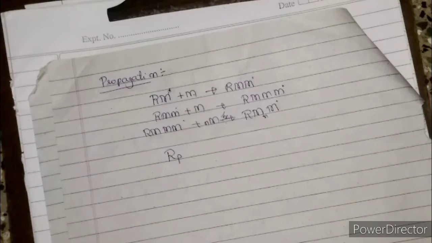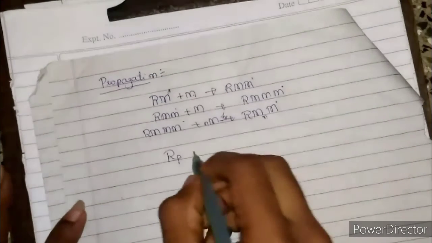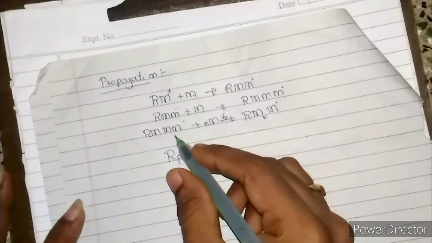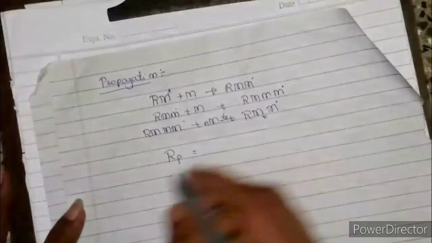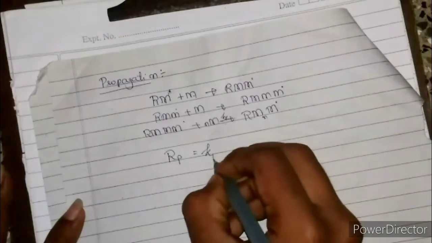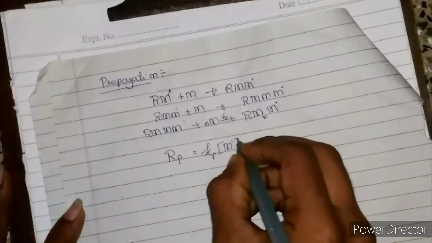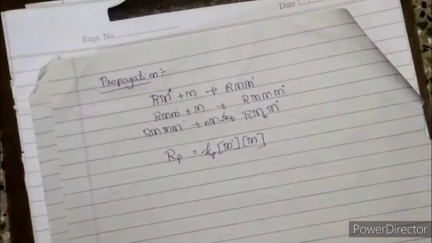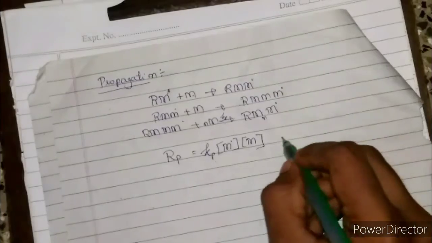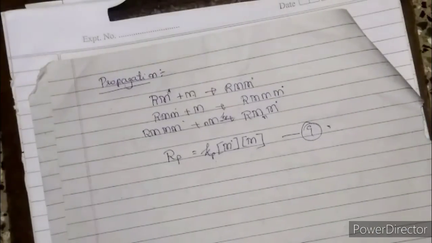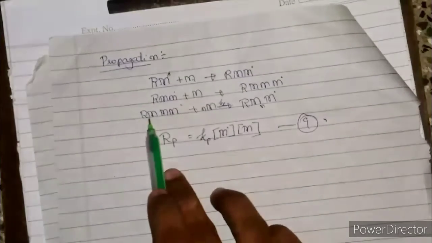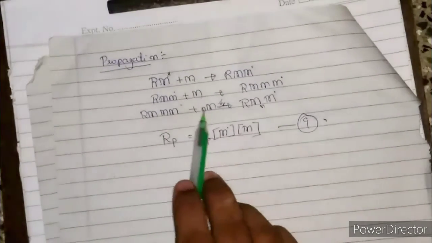Rp is the rate for the propagation step, given by the rate constant multiplied by the concentration of the reactants: Kp, concentration of M free radical and concentration of M. This is our equation number 9. So Rp is Kp times the concentration of our reactants.